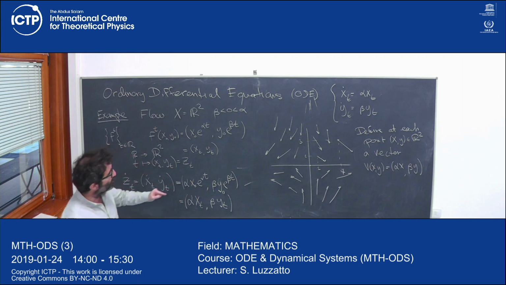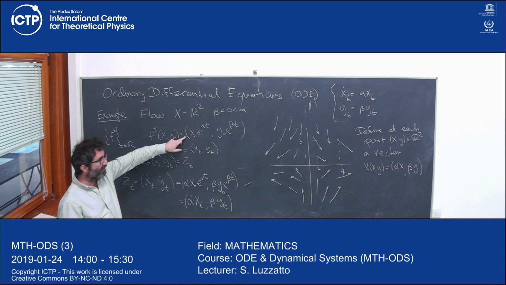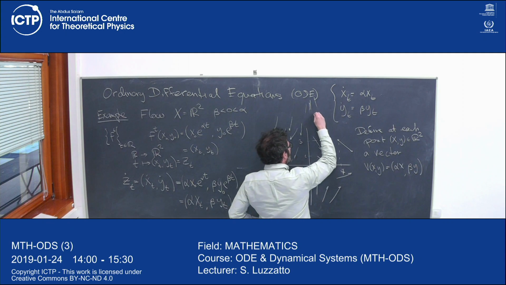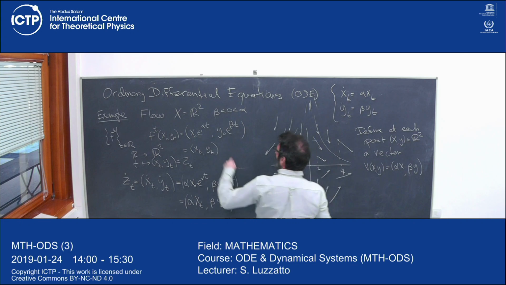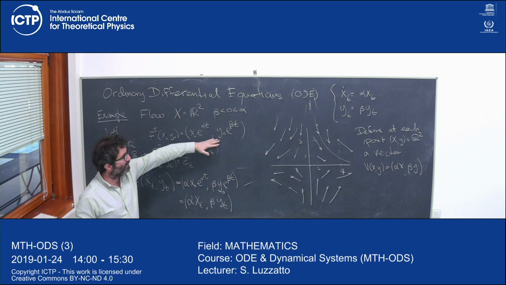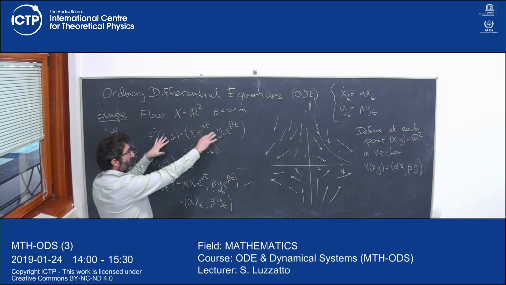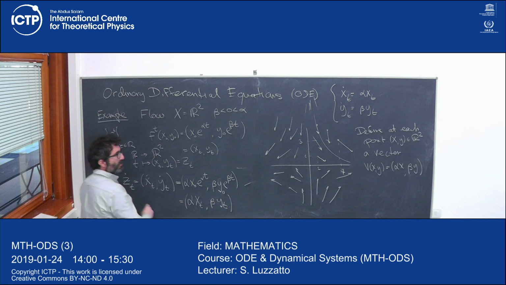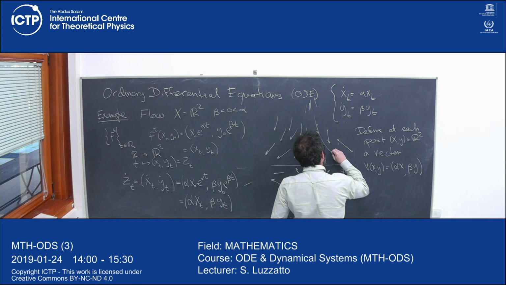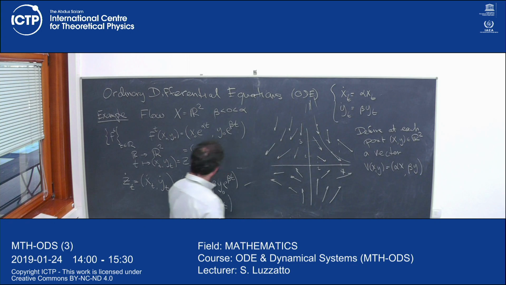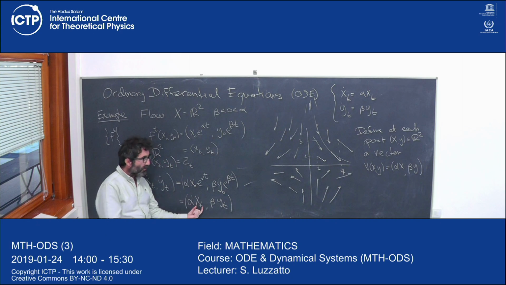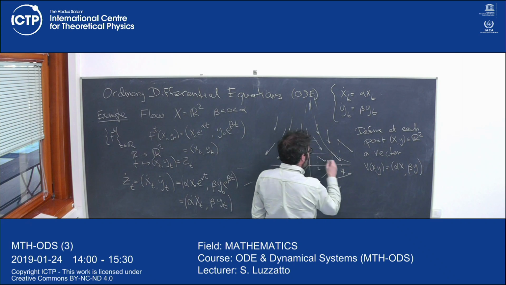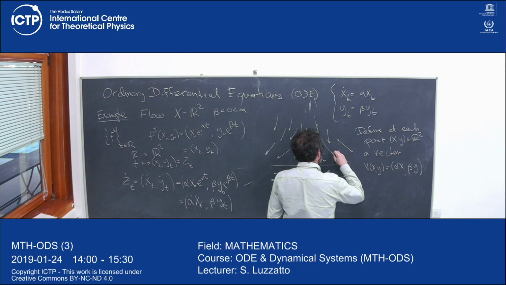So we've seen that if we draw this family of curves, for any initial condition, you take this point here, and you draw the curve corresponding to exactly this flow, this dynamical system here, then as we have already proved, the tangent vector at each point, for example this point here, will be exactly of the form alpha times the x coordinate of that point, beta times the y coordinate of that point, which means that at this point you will have exactly the vector (alpha x, beta y) through this point.